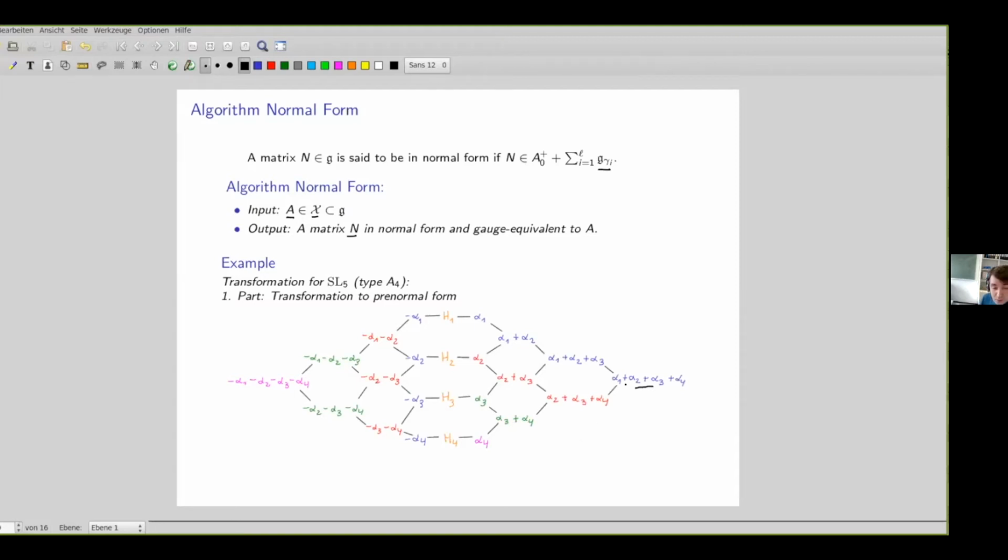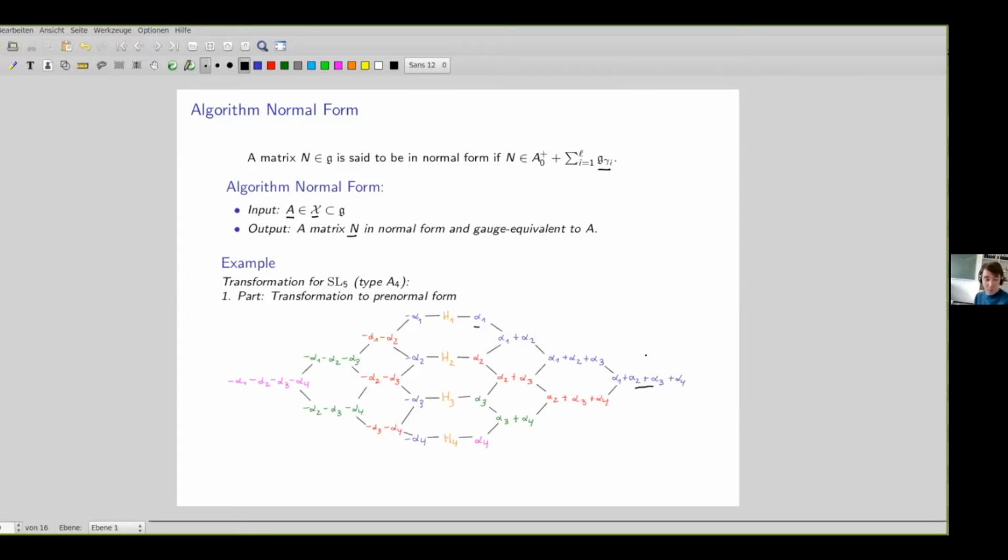We now use this root as a pivot element to delete all other roots in the filtration, meaning all blue roots in the filtration on the right, and use a Weyl group element to transform this pivot element here to the simple root.